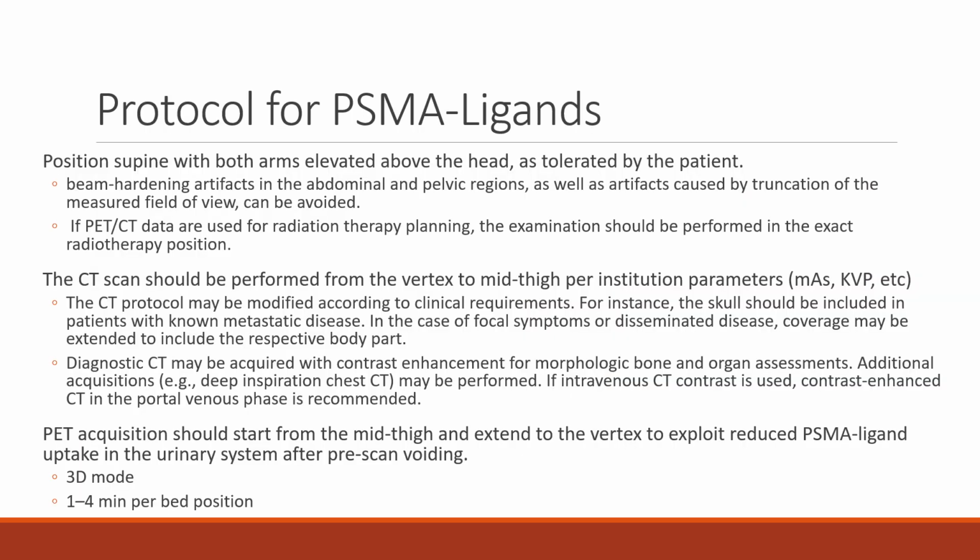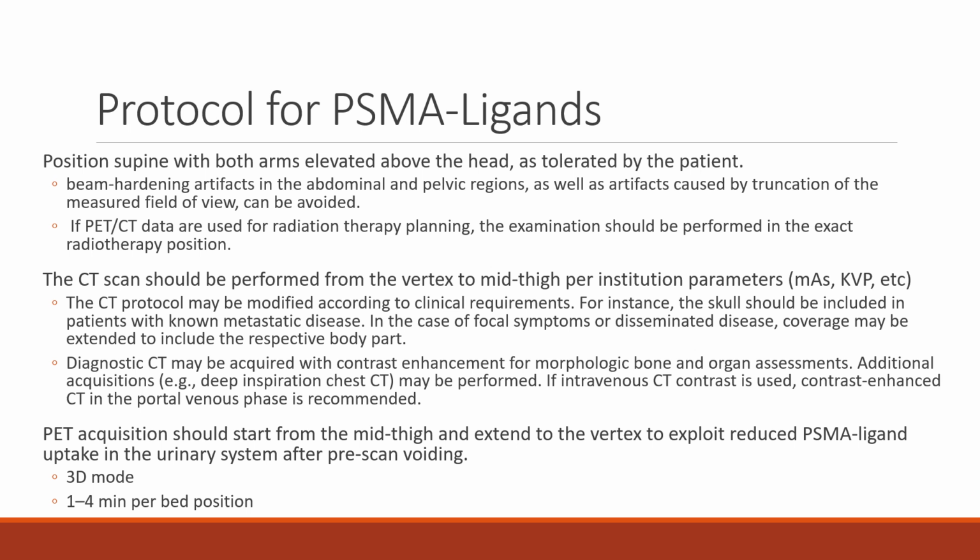All right, so protocol for the PSMA ligands. Position them supine with their arms elevated above their head as tolerated. Make sure there's no metal and whatnot. CT scan is done first, vertex to mid-thigh, per institution parameters. I know some protocols that do from the bladder up on those, just like you do for fluciclovine.